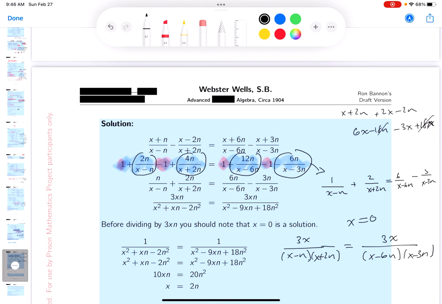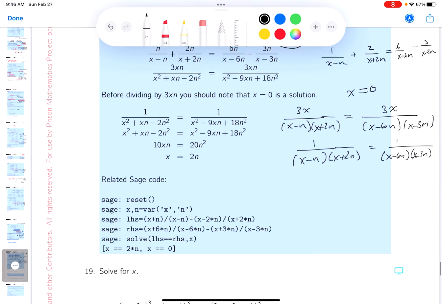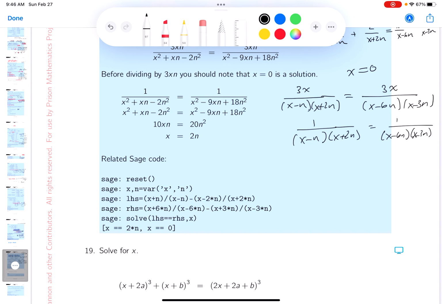Then I'm going to get rid of it. I don't need that anymore. And I get 1 over x minus n, x plus 2n, equals 1 over x minus 6n, x minus 3n. Well, I'm going to keep moving forward, and I'm going to write this down now.